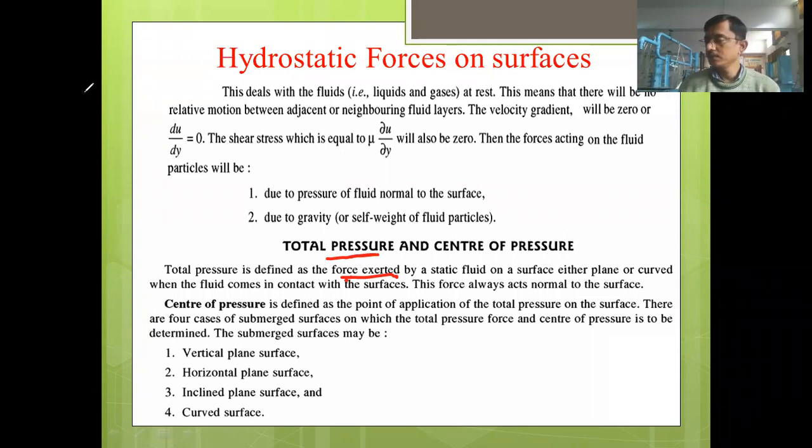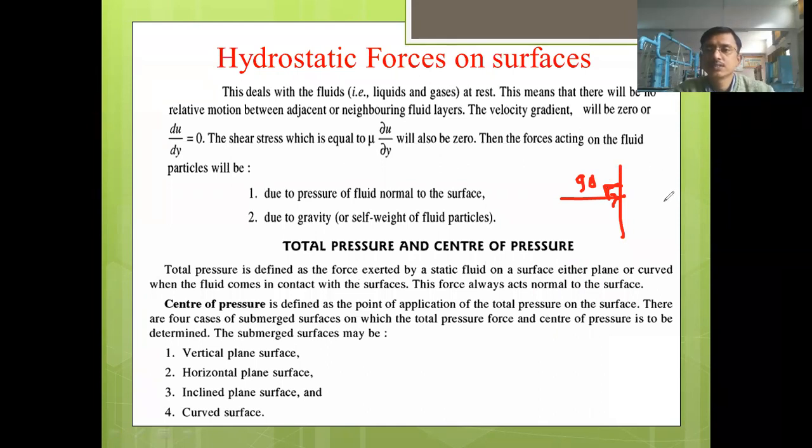What is the characteristic of this force? The main characteristic of this hydrostatic force is that it always acts normal to the surface. So what is the meaning of normal force? Who will tell? Same direction, sir. Correct. It is acting perpendicular, meaning it is acting at 90 degrees. This total pressure force always acts at 90 degrees to the surface with which it is in contact.